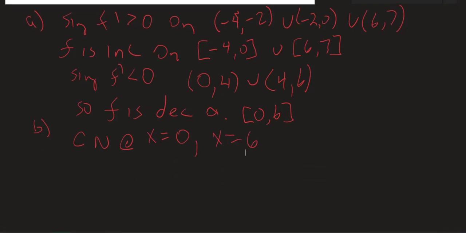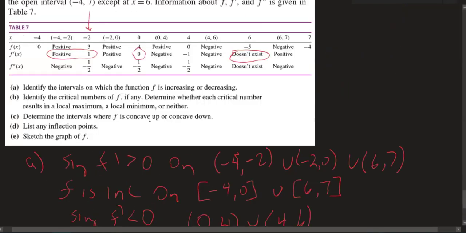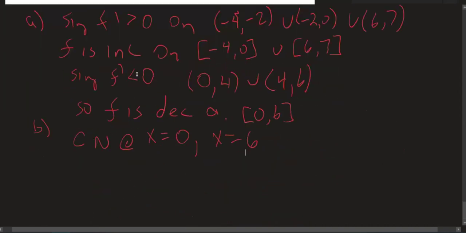Now we can analyze the critical number at x equals 0. We could use the first or second derivative test, but since we have a table of values here, we can use the second derivative test, because at x equals 0, the derivative is 0, a critical number, and the second derivative is negative, concave down, which means you're at a relative max.